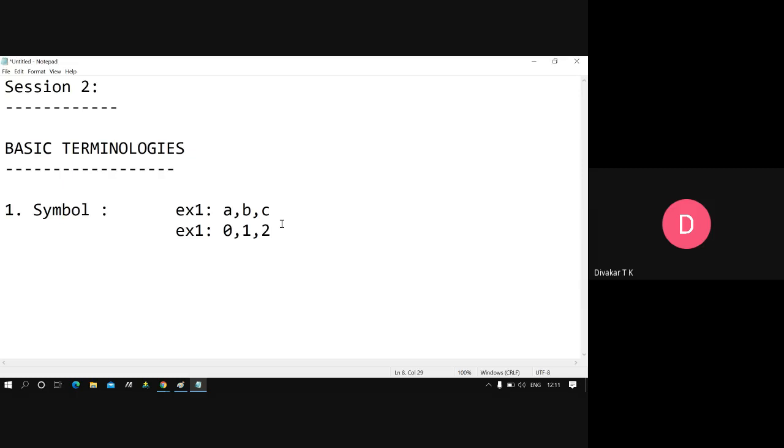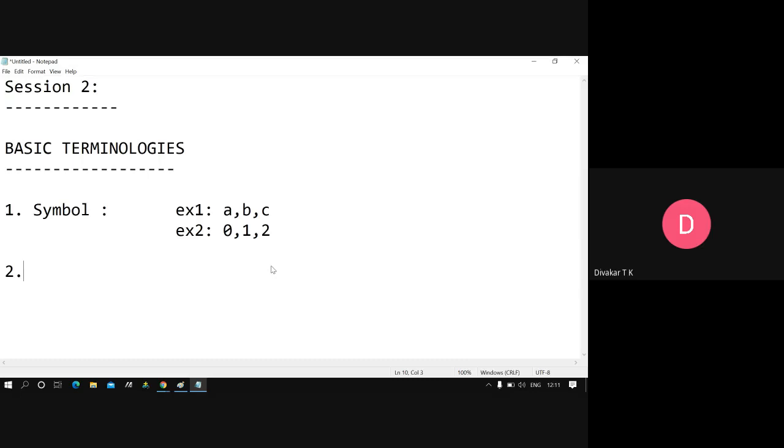Basically we know that 0, 1, 2, 3, all these are numbers. But in case of TOC, if I say 0, 1 and all, it is a symbol. And A, B, C and all, it is a symbol only. Got it, guys? Understood everyone? Symbol meaning A, B, C are all symbols. 0, 1, 2, 3 if I take, those are also symbols here. Got it? Perfect, guys.